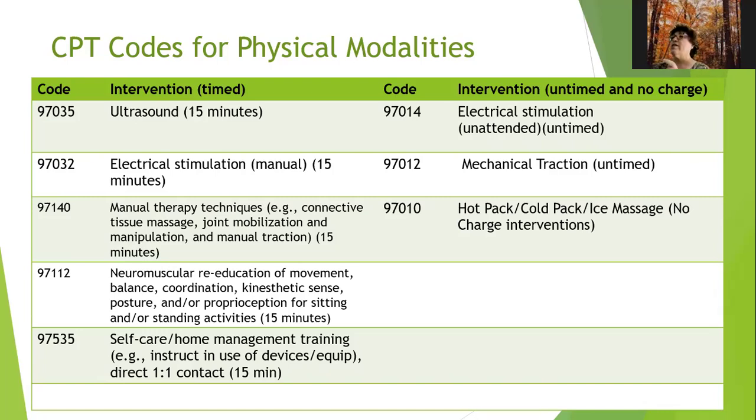So mechanical traction and unattended electrical stim are the untimed charges that we'll see with modalities. So if you put IFC on somebody's shoulder, give them a call light, set the eSTIM unit to go on for 20 minutes, tell them how to take off the electrodes, that's an untimed charge. It's always 1 unit, doesn't matter how long you do it for. Document how long you set it for, but you're only ever going to charge 1 unit.